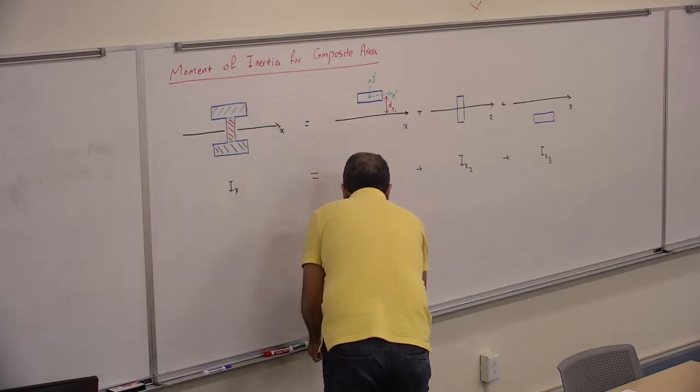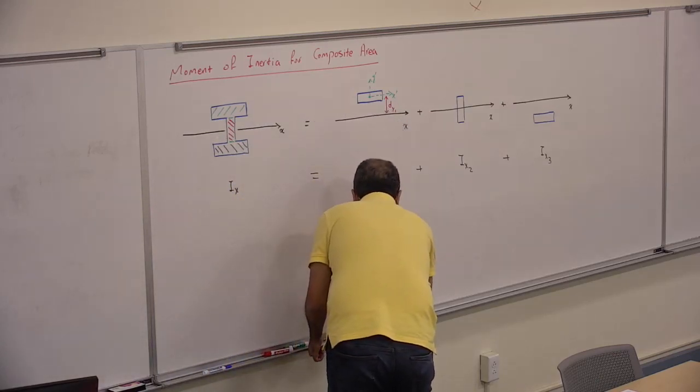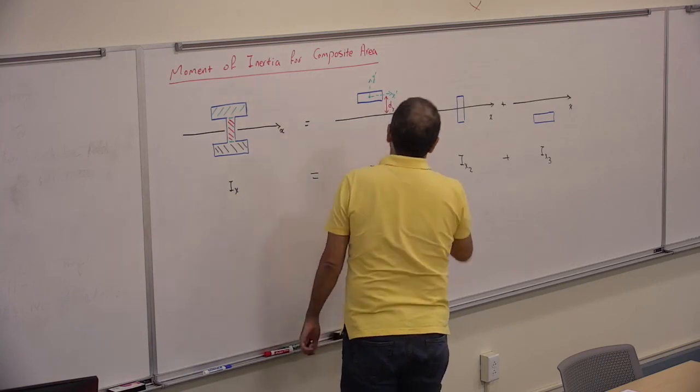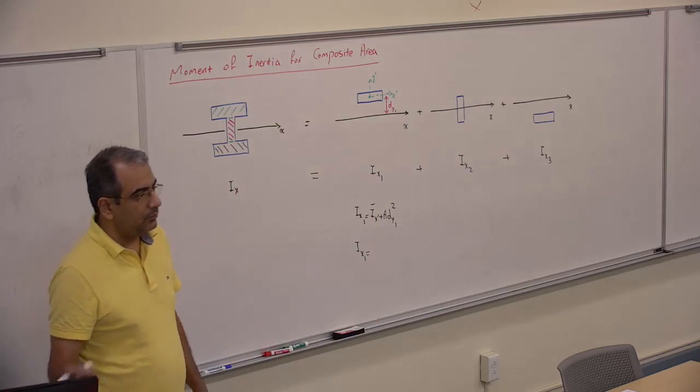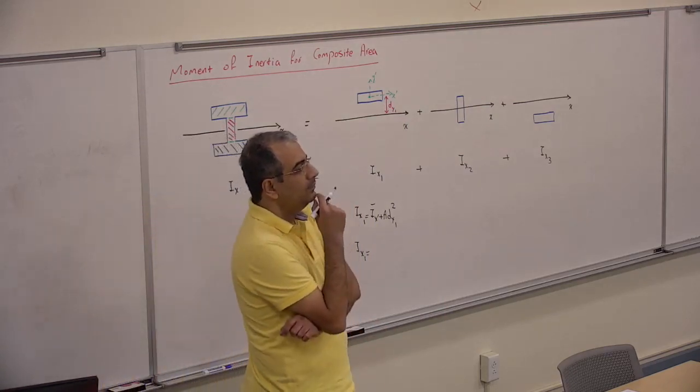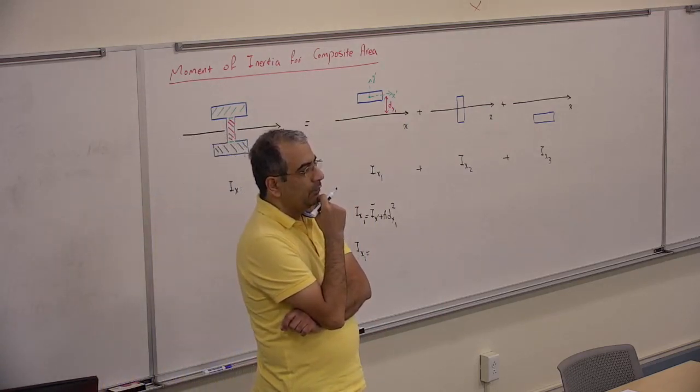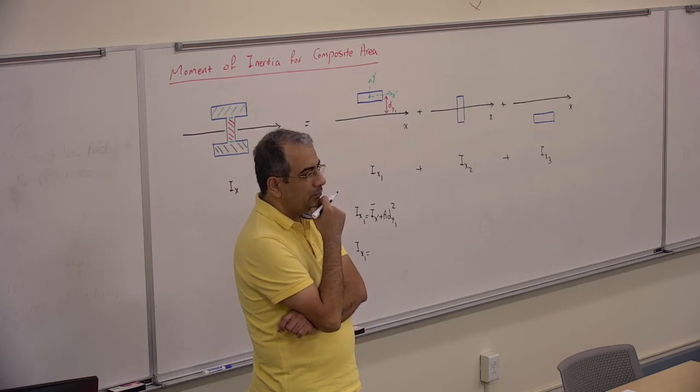What was the moment of inertia for the one going through the centroid of the rectangle? 1/12 of BH cubed.